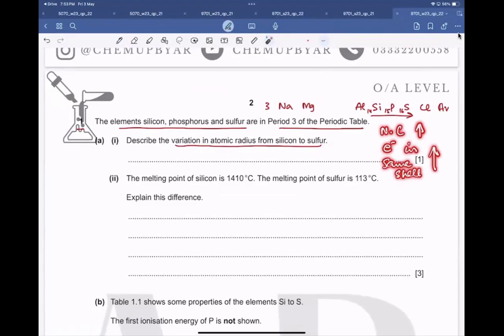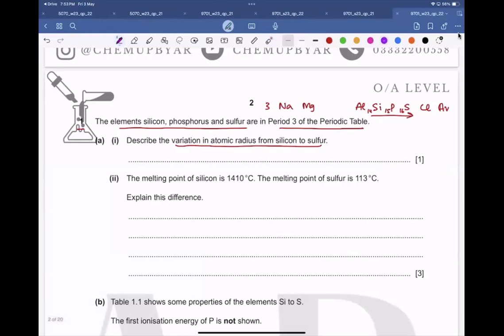It means the forces of attraction between the nucleus and the electrons are going to be stronger, and as a result the electrons come closer, so the atomic radius decreases.